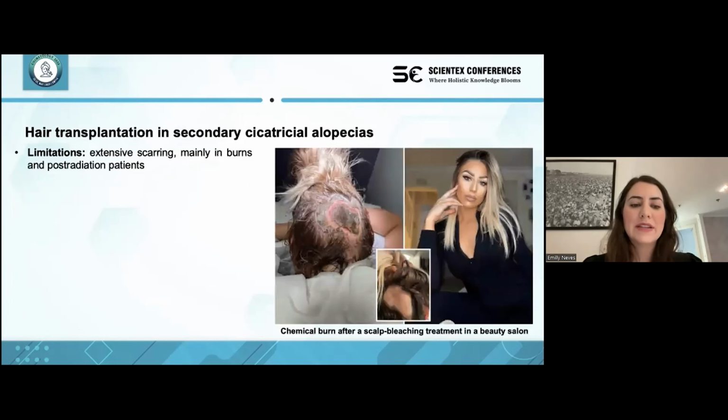But when the patient has extensive scarring, the improvement of scarring areas is hard to achieve, mainly in burns and post-radiation patients. We can see here a young woman with chemical burn after scalp bleach treatment in a hair salon, leaving this extensive scarring area.